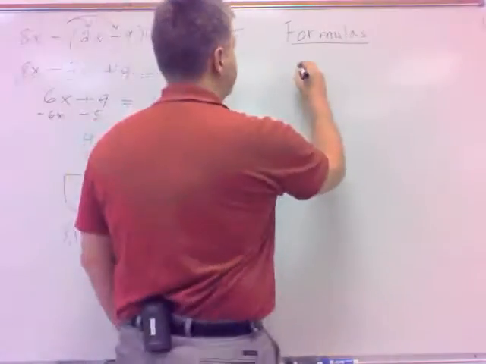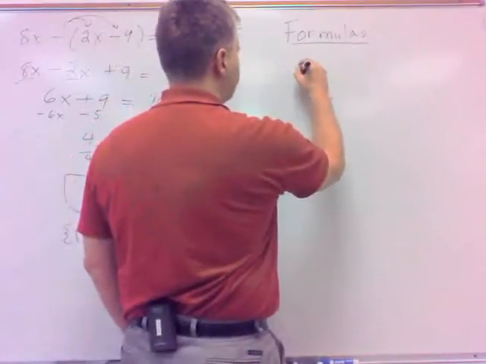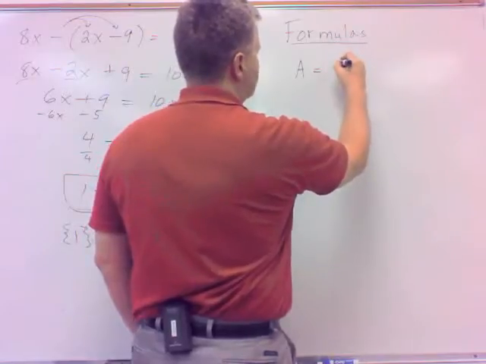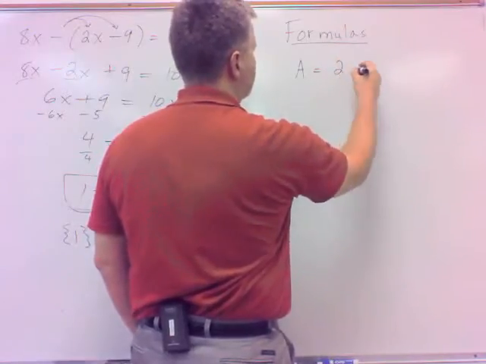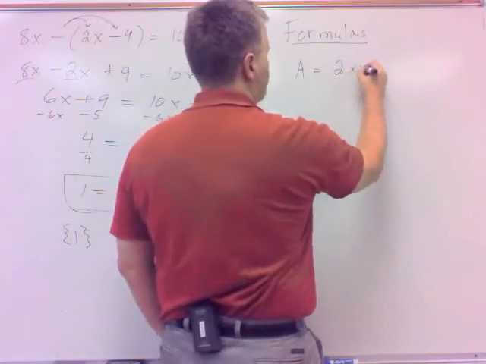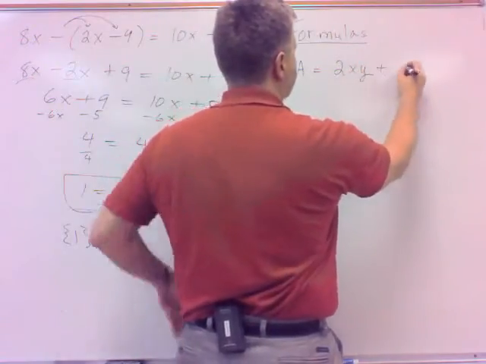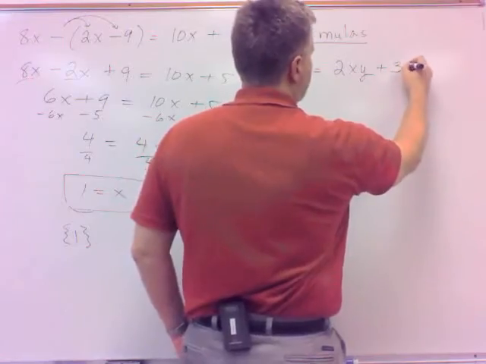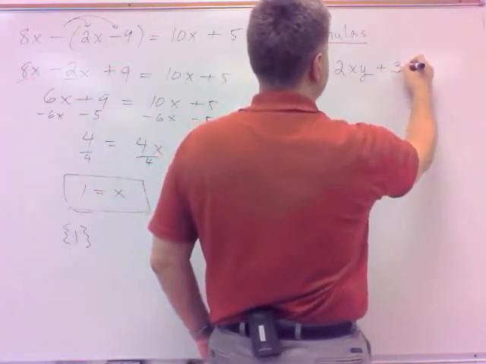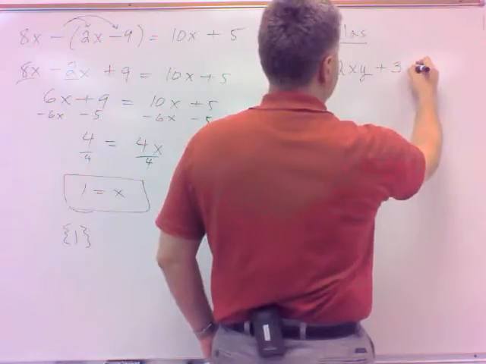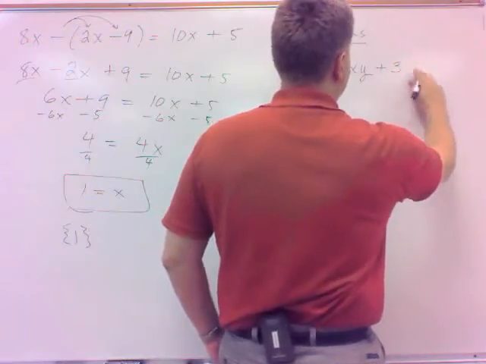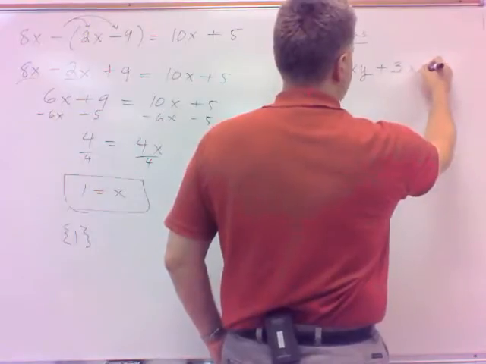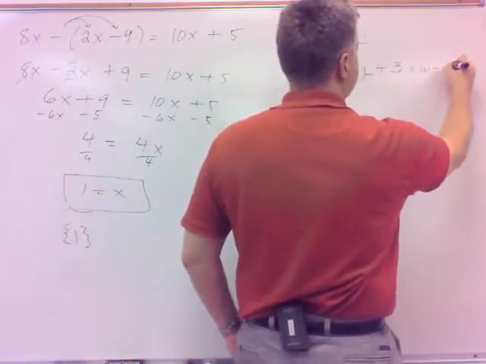For example, let's say I took A equals, let's make it, 2xy plus 3xw minus 4z.